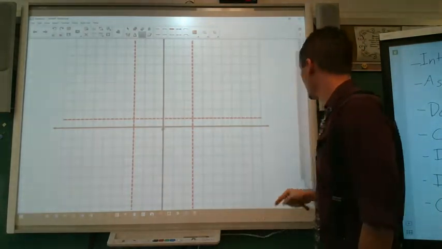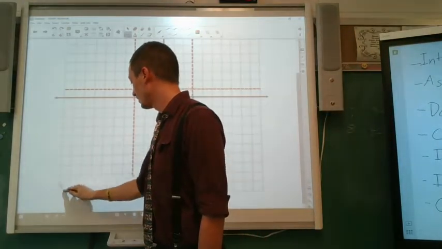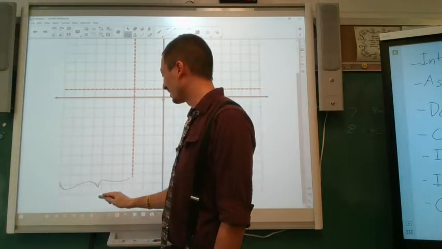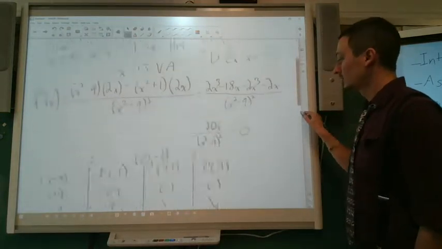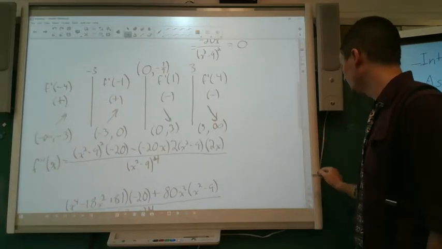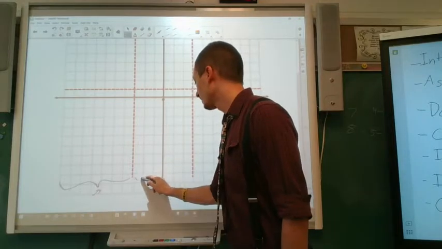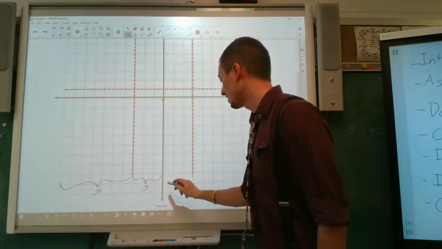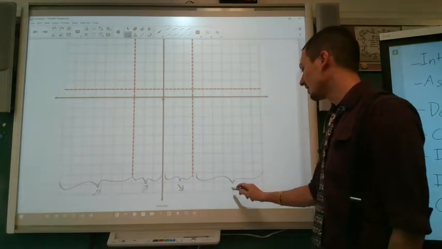Keep that in mind. As far as our domains go, in our first domain, it's increasing. It goes increasing, increasing, decreasing, decreasing. So in this domain, it's increasing. In this domain, it's increasing. In this domain, it's decreasing. And in this domain, it's decreasing.